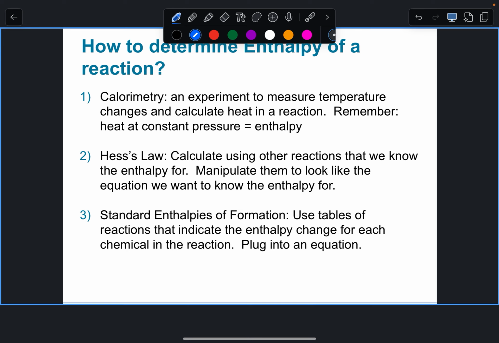We have some unknown equation, and instead of doing an experiment, we're going to use data that other people collected years and years ago, tabulated in books, the internet, whatever. We'll use that data to calculate an enthalpy for a reaction we want to know. So we'll start on number 2 today as well, do another example or 2, and then do 3 on Monday. Okay? So we'll do half of these and then the other half on Monday.